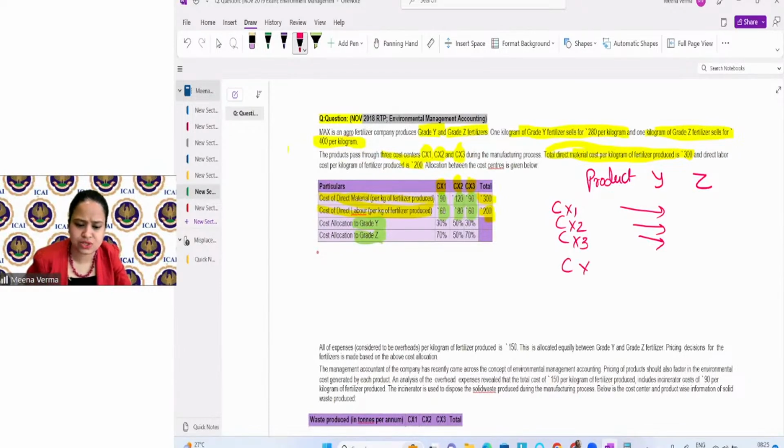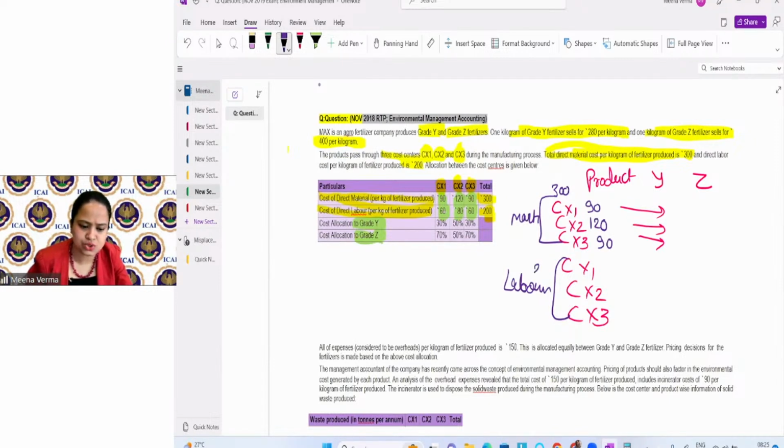You will find how much labor is used in CX1, CX2, CX3; you have to make the calculation accordingly. This will give you how much material is used, and this will give you how much labor is used. So the total material is 300, but this 300 is used as 90 here, 120 here, and 90 here. And the labor cost is 200, which is used as 60 rupees here, 80 rupees here, and 60 rupees here respectively.